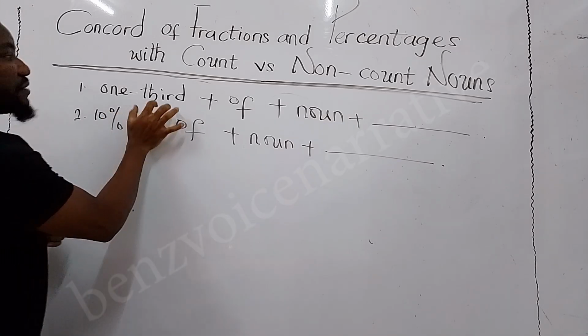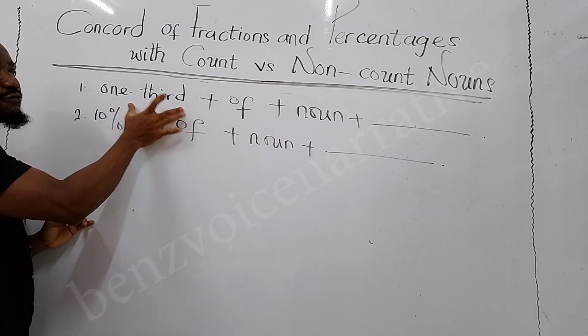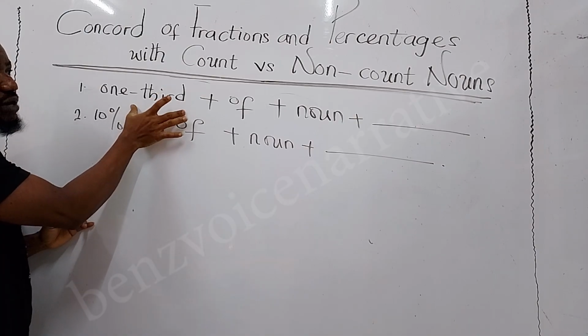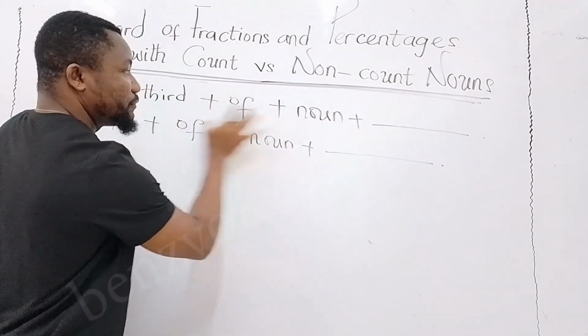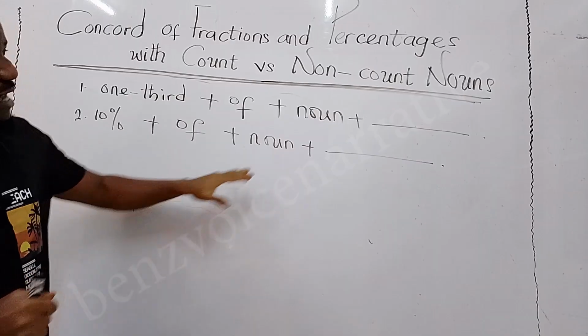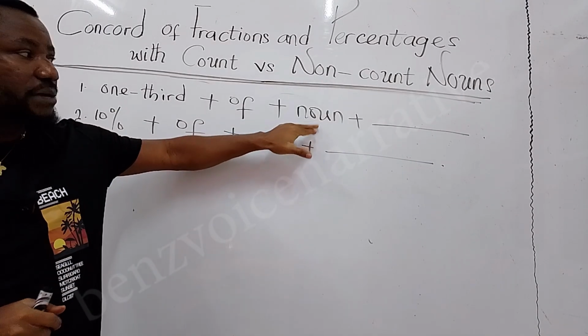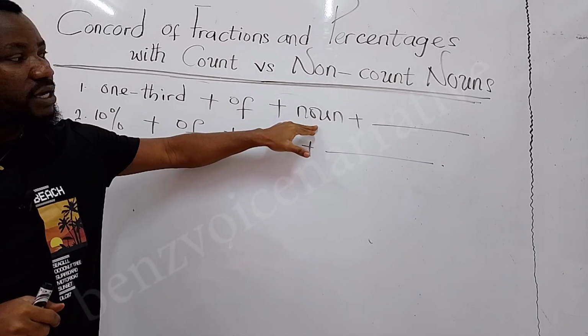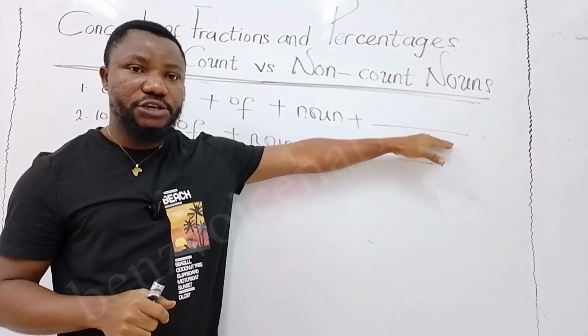Firstly, let's start with the fraction. When you have a fraction that follows this pattern, the rule states that the type of noun here is what will determine your verb here.